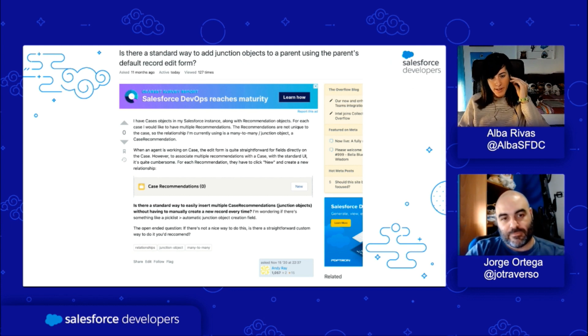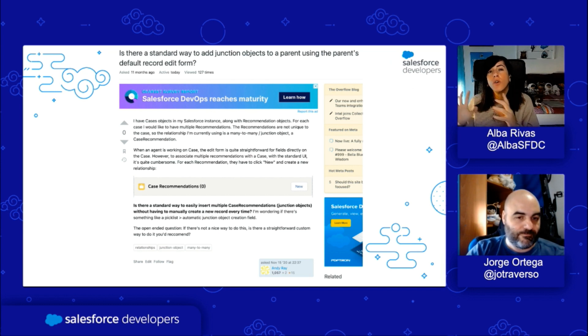So basically, this is a person who wants to add case recommendations, which is a junction object that matches cases with recommendations. He wants to add records in a way that is more efficient than the standard way.